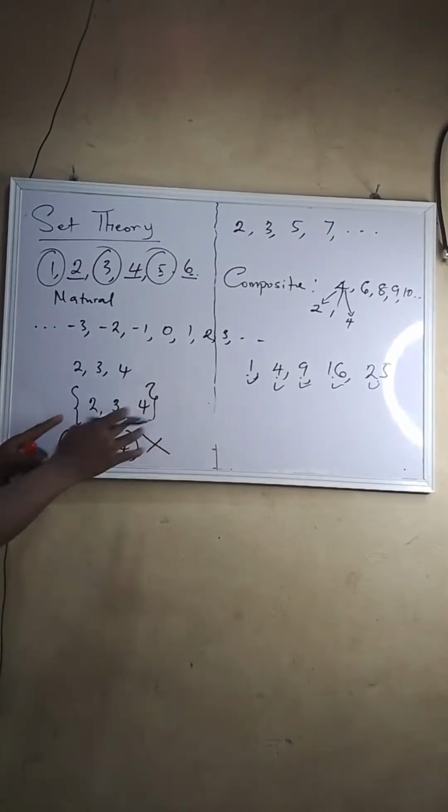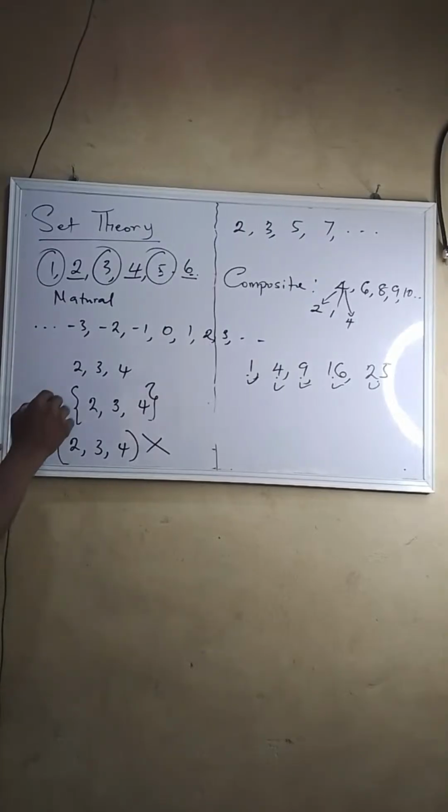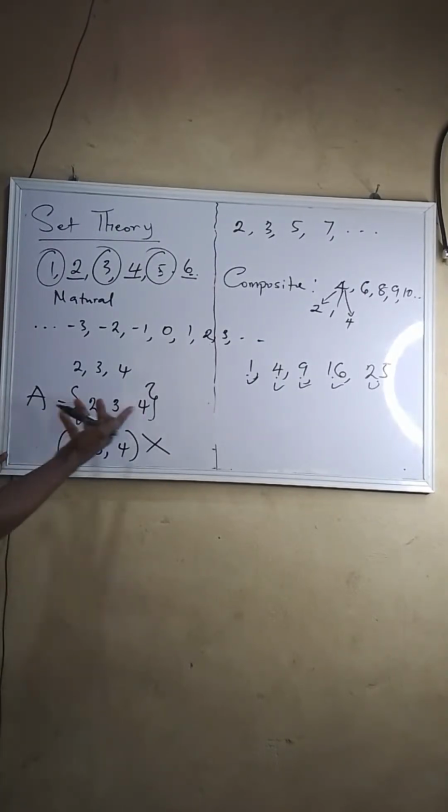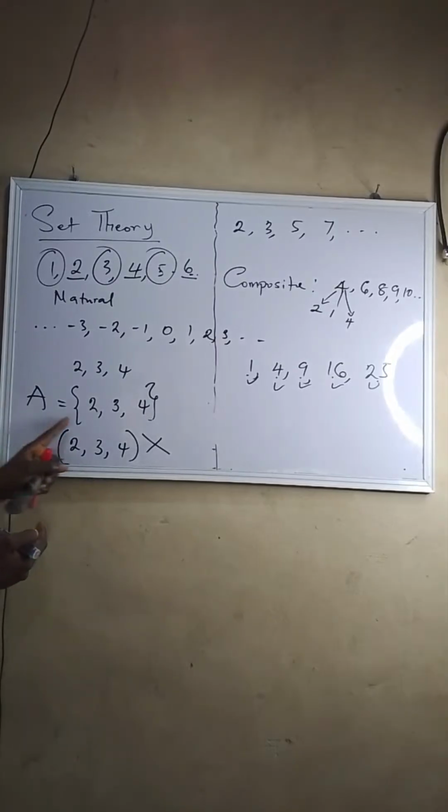And sets are represented with capital letters. So now I can represent this set of numbers as set A. Set A is the set of 2, 3, 4. You understand now? Okay? So it can be written in this form. And also, sets are represented on a Venn diagram.